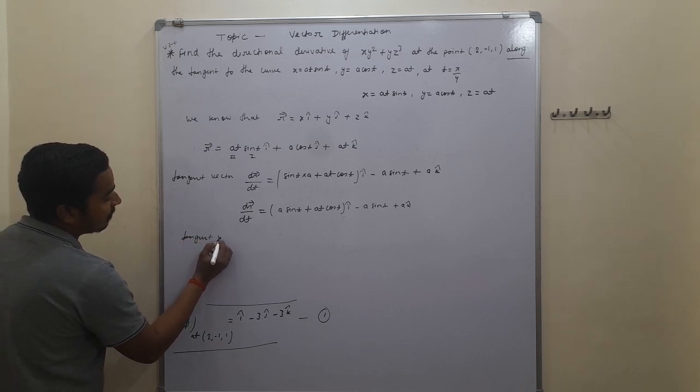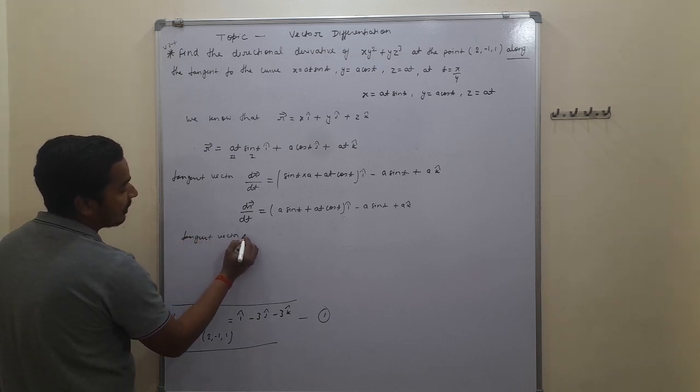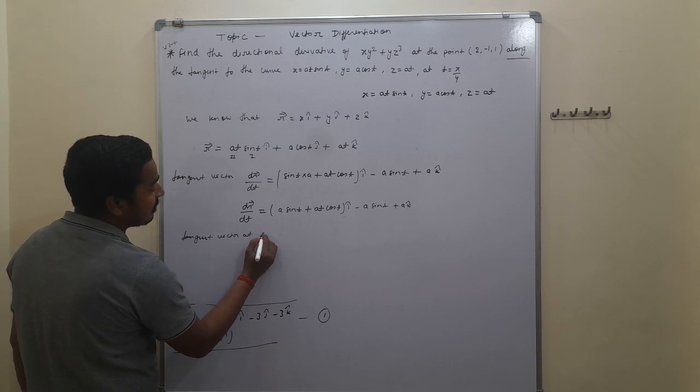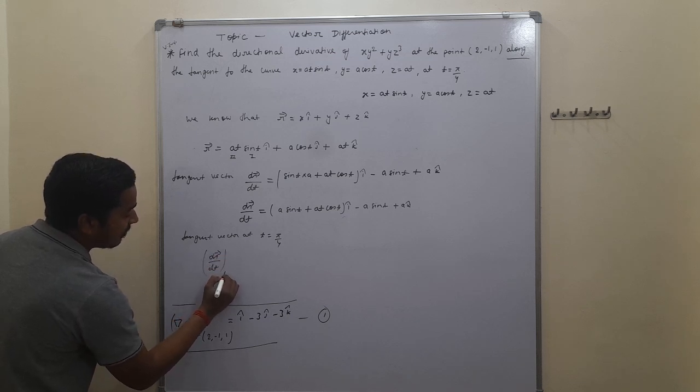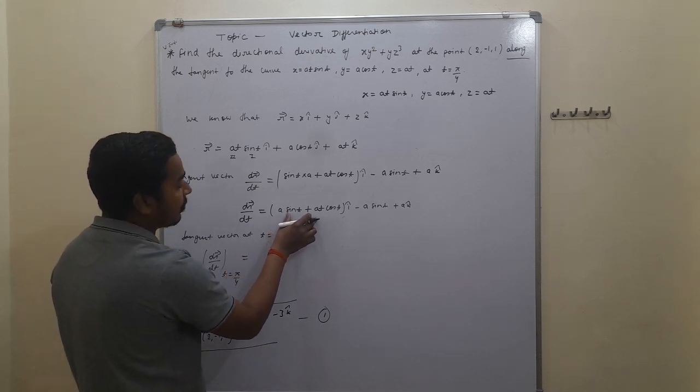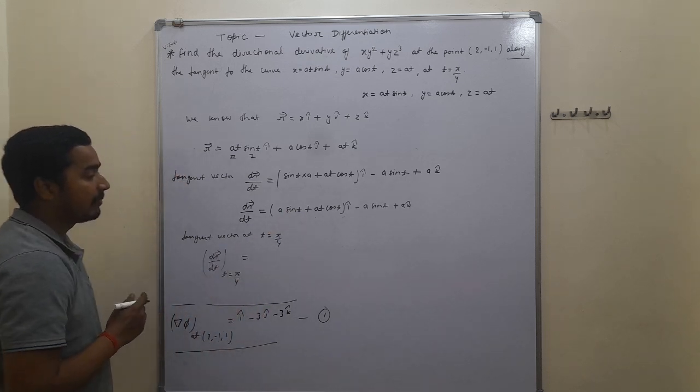And we have to find the tangent vector at t equal to pi by 4. So we write dr upon dt at t equal to pi by 4. Here we put in place of t pi by 4.